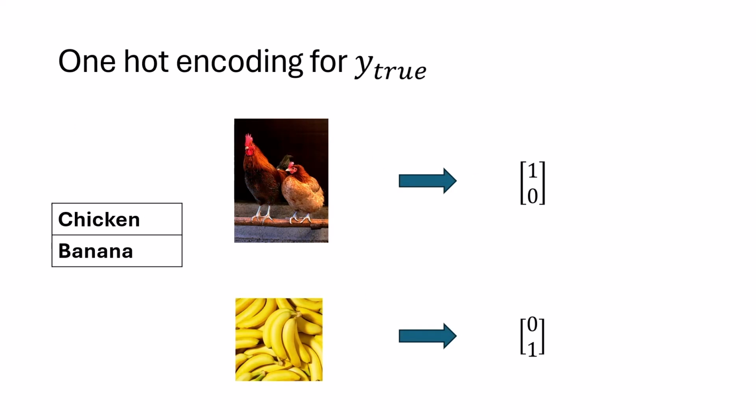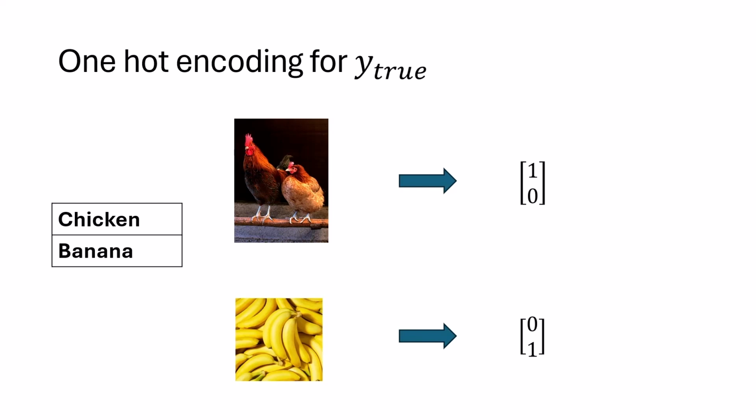Okay, one special output type is classification. Previously we said that we have 2 outputs, for example Y1 and Y2, representing chicken and banana. We have an image input, and we want to tell if this is a chicken image or a banana image. We want to prepare the output in one specific way. This way is called one-hot encoding, and it is used to prepare the truth, not the prediction, the truth.